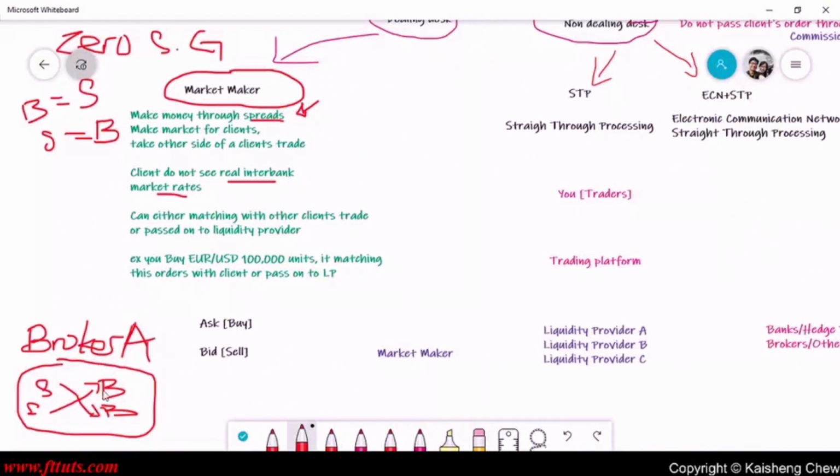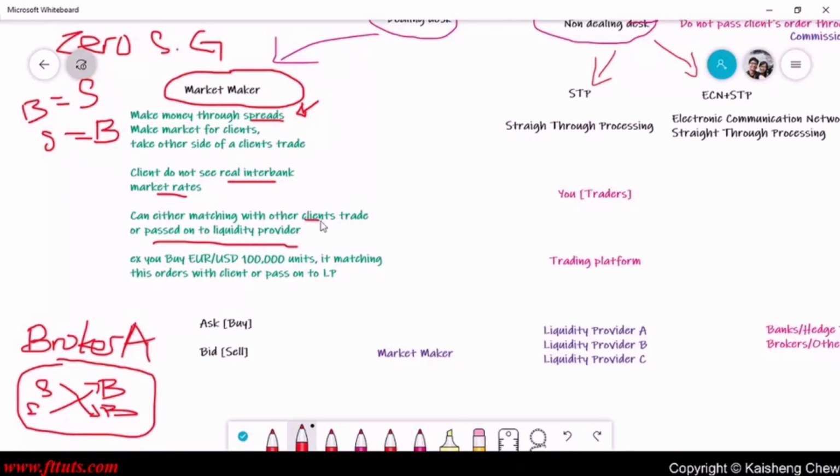Okay, inside the broker. If there is some trade that they couldn't take by other clients, they pass it on to the liquidity provider. Okay, so the liquidity provider will then pass on your trade to the big banks, hedge fund brokers and other brokers. So they will pass it on to the outside, outside of the platform already.